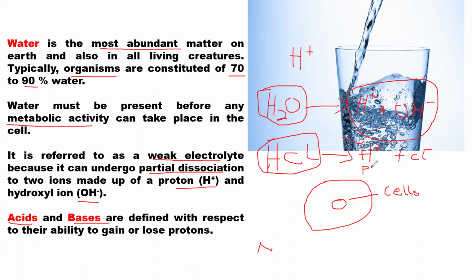So whenever you donate or lose a proton, which is a hydrogen ion, from a particular molecule, it tells you that substance is called an acid. And for the base, what they do is gain protons. They accept protons. They are proton acceptors. Okay, I hope this is clear.